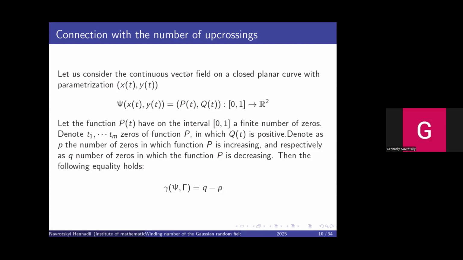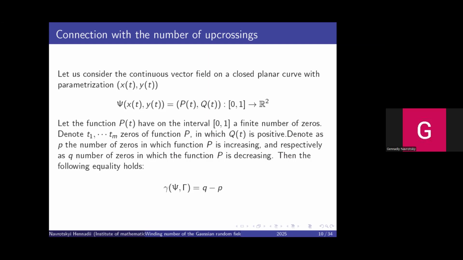So it is clear that when we have a bridge, then we have at least one upcrossing by some component of our vector field. So if we have upcrossings and downcrossings, they are connected to the winding number on the closed planar curve in the following way.